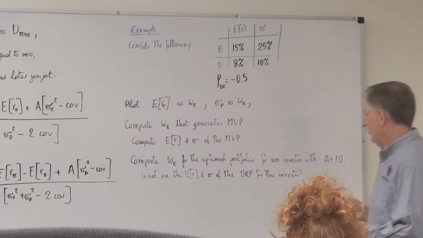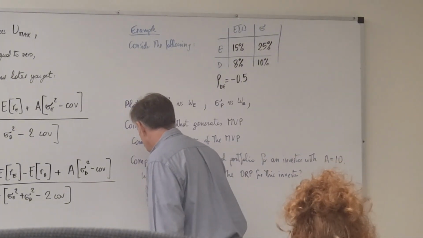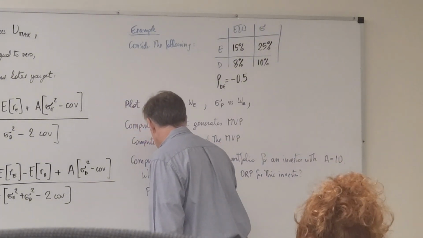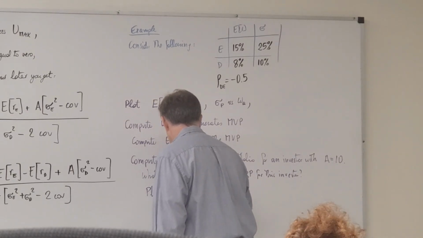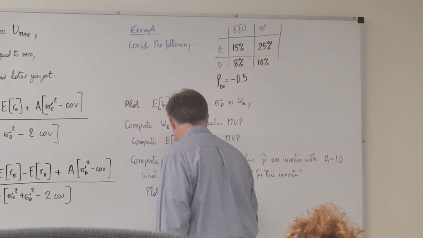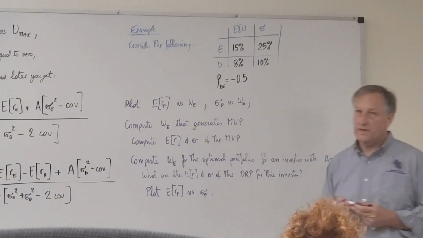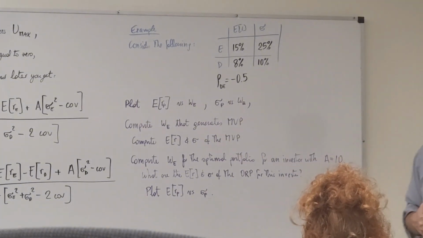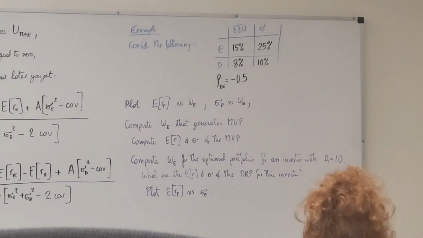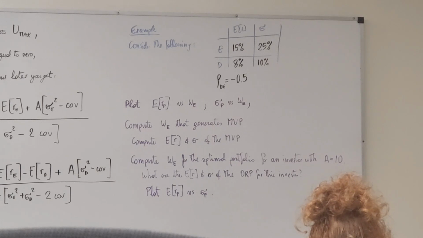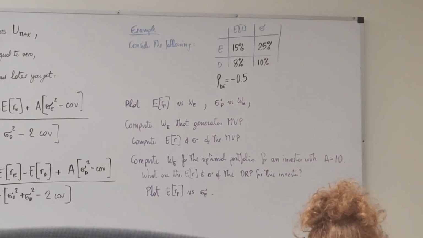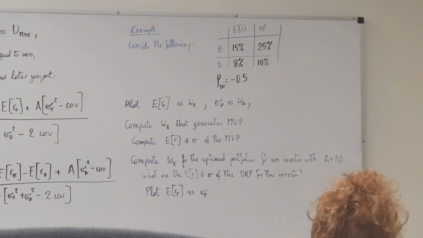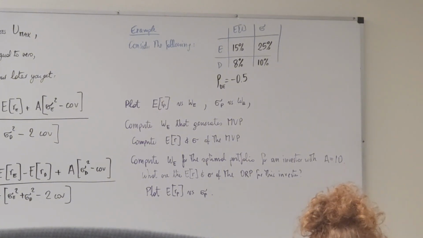And then last, plot expected return of P against the risk of P to scale. So we need to calculate basically everything there is to calculate here. Questions?